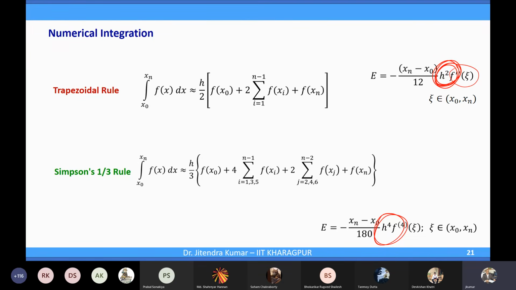You may expect that Simpson will give h3 according to the basic calculations: there was a polynomial of degree 1 for the trapezoidal rule, here you have a polynomial of degree 2, and the expected result was h3. But there was some cancellation, and luckily we got h4, which we came to know while doing this analysis.